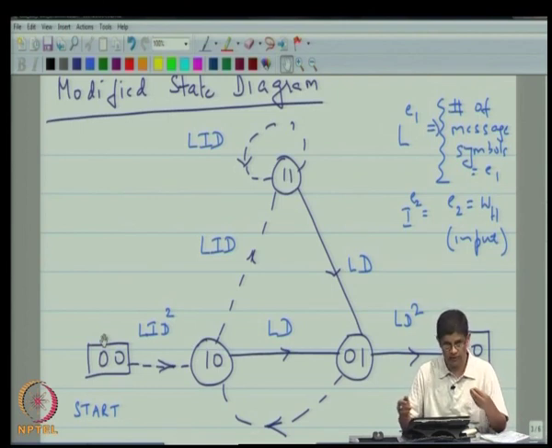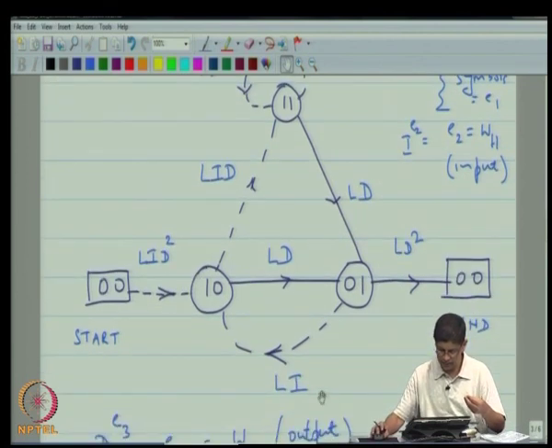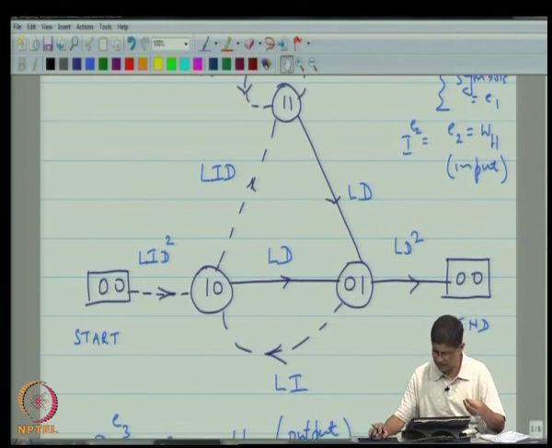So the start node is initialized to 1. Then the generating function of this is 1 times LID squared, plus whatever is there in A01 multiplied by the corresponding term, which is LI. A01 times LI, and that is exactly what we had seen.